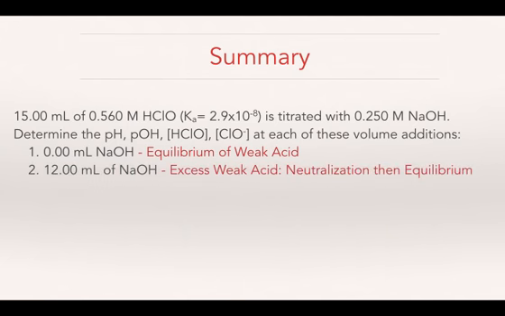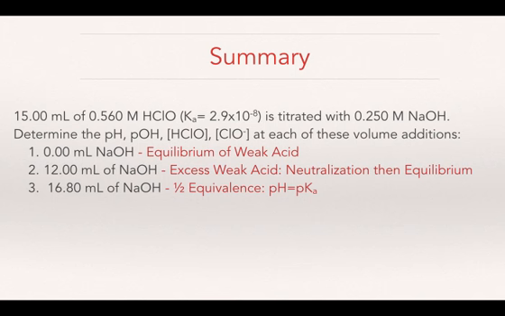After the addition of some sodium hydroxide, and prior to the equivalence point, you will have excess acid, and you will do two parts. You'll do a neutralization stoichiometry problem, and then you will set up an equilibrium expression based on our concentrations after the neutralization reaction has taken place.